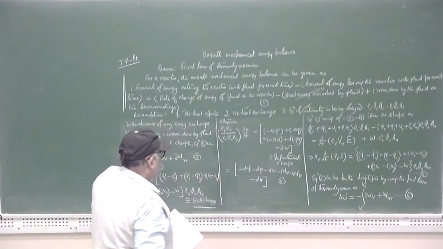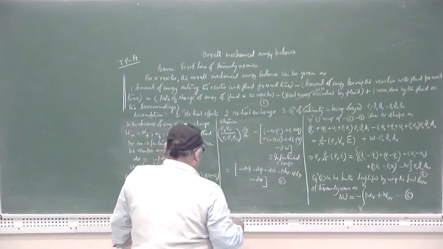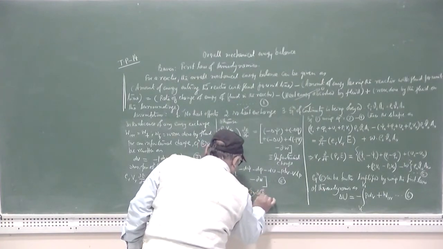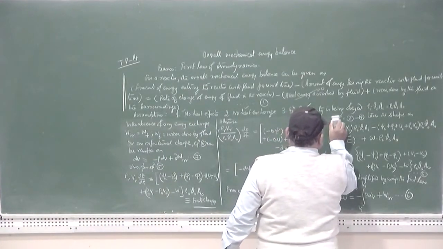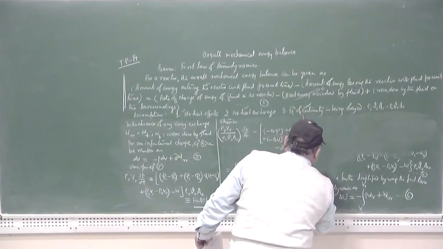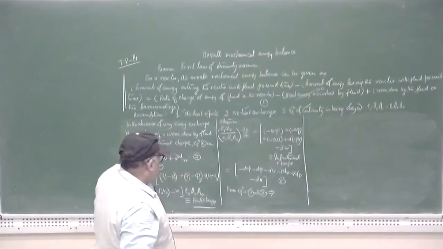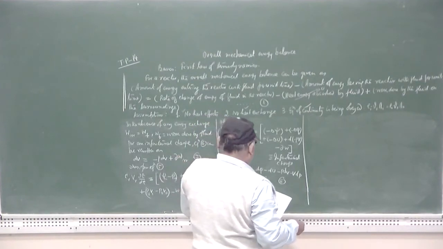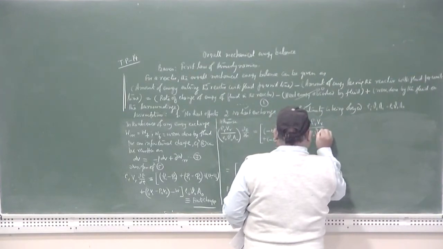Let it be equation number 8. Thus, from equations 7 and 8, it implies rho r V r divided by rho naught V naught A naught.